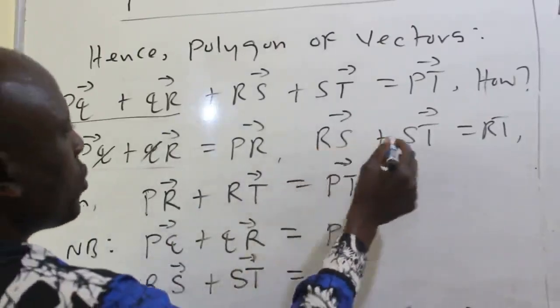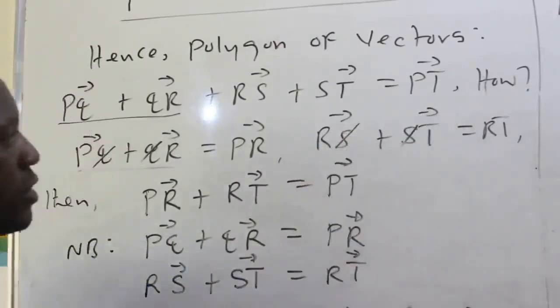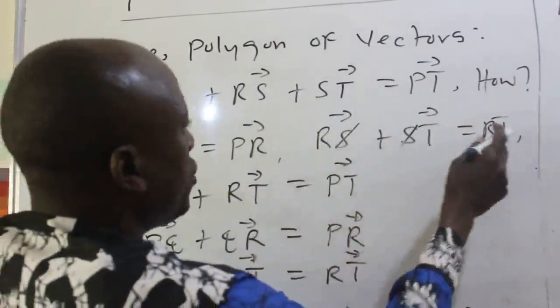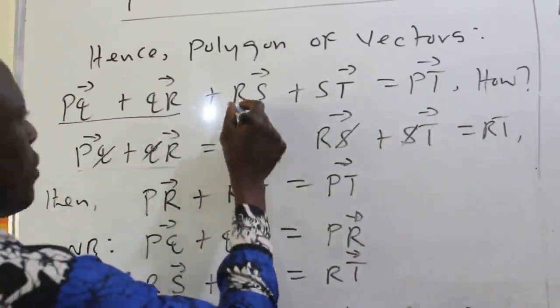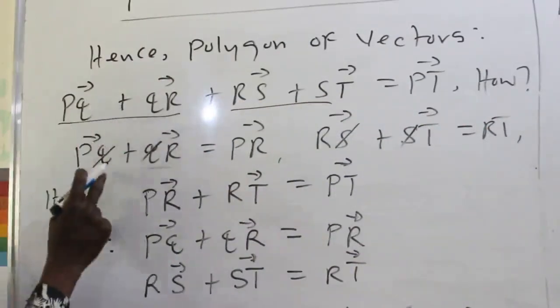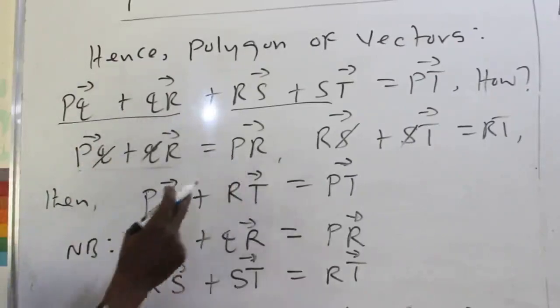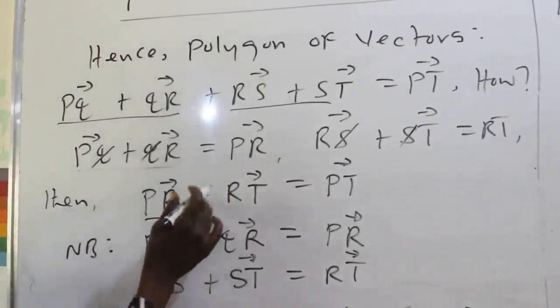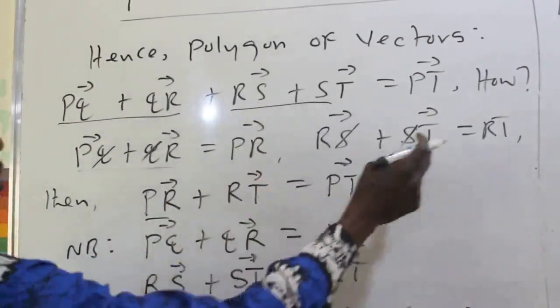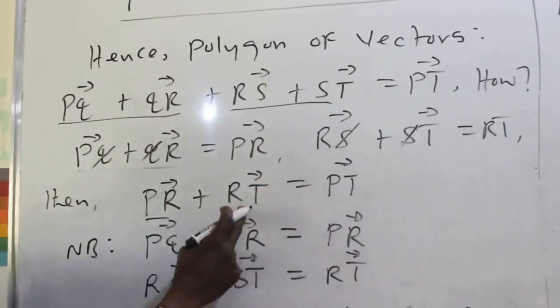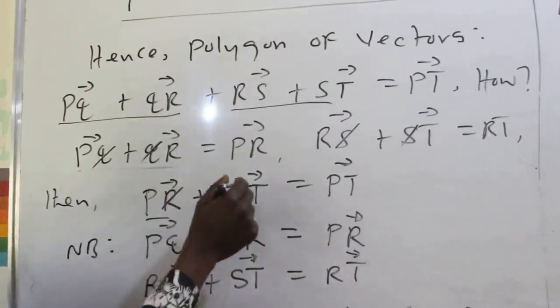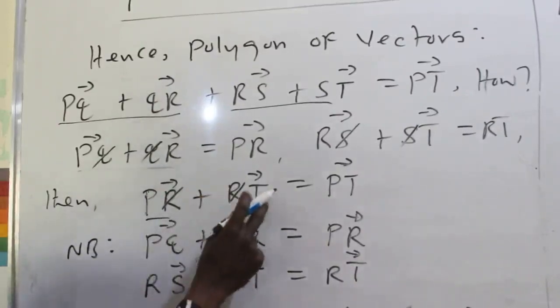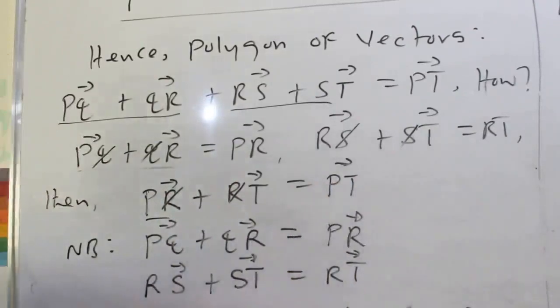S can go with S. You are left with RT. Now this result is PR, plus this result RT. R goes with R, so you are left with PT. That is giving you vector PT.